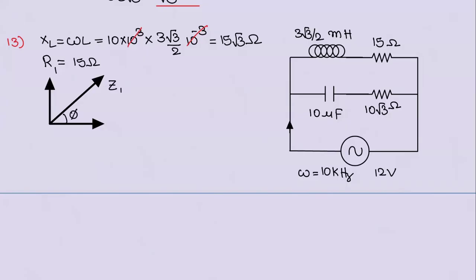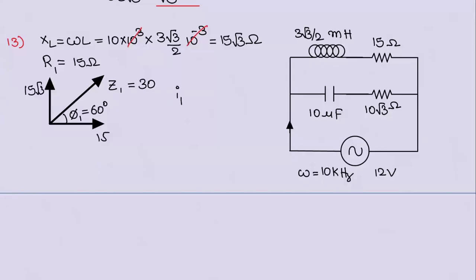This angle is phi. This is 15 root 3 and this is 15. Obviously phi 1 is equal to 60 degrees, right? Then what about Z? Z is equal to 30. Simple addition.